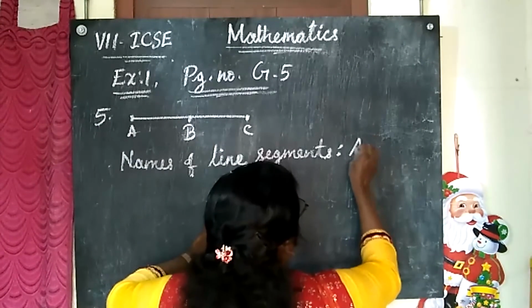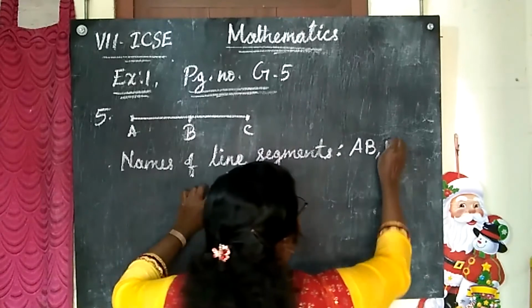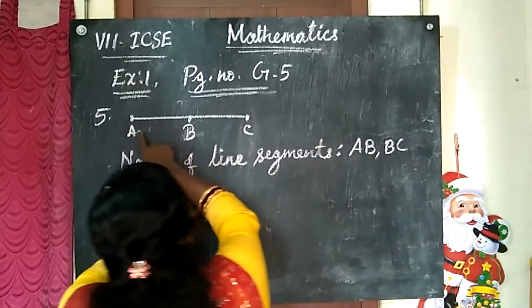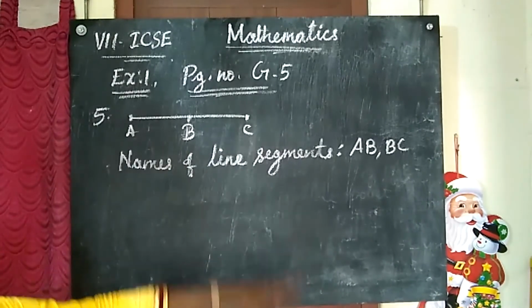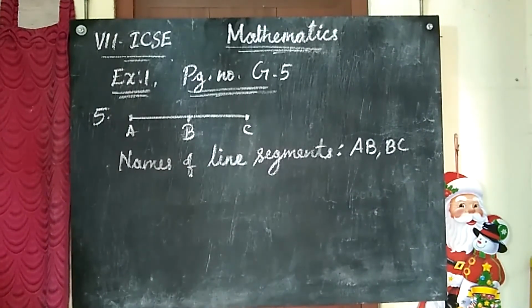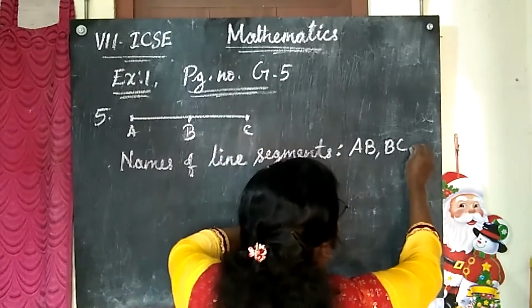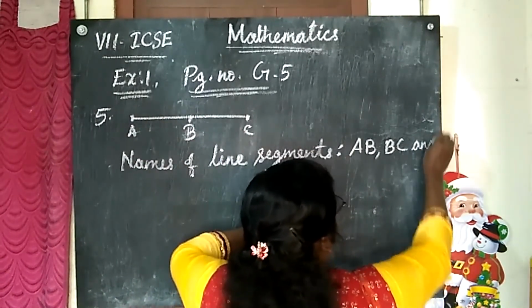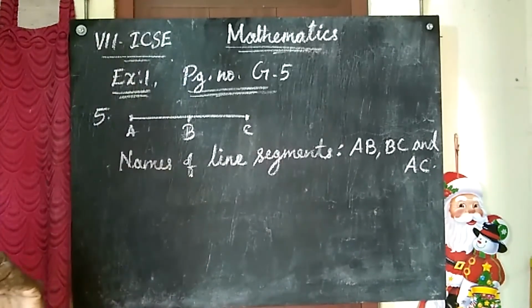So let me write AB and B to C, BC. Then A and C, from A to C. Understood children? AB, BC, then AC.